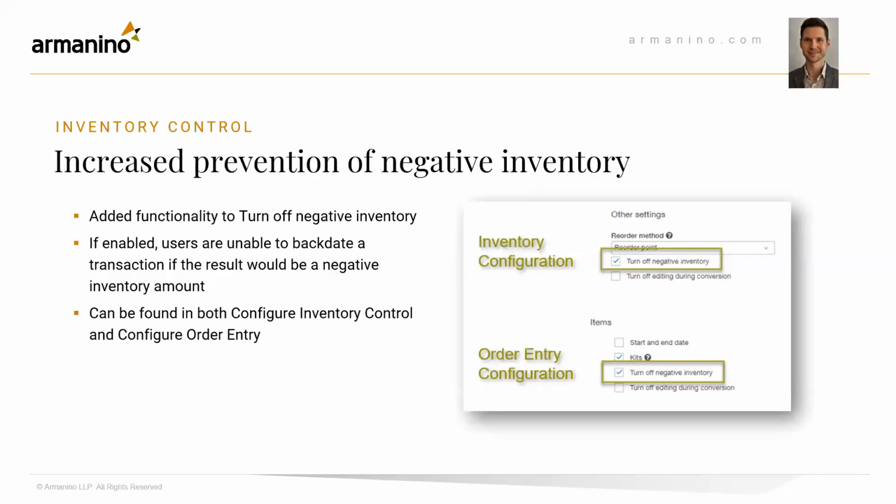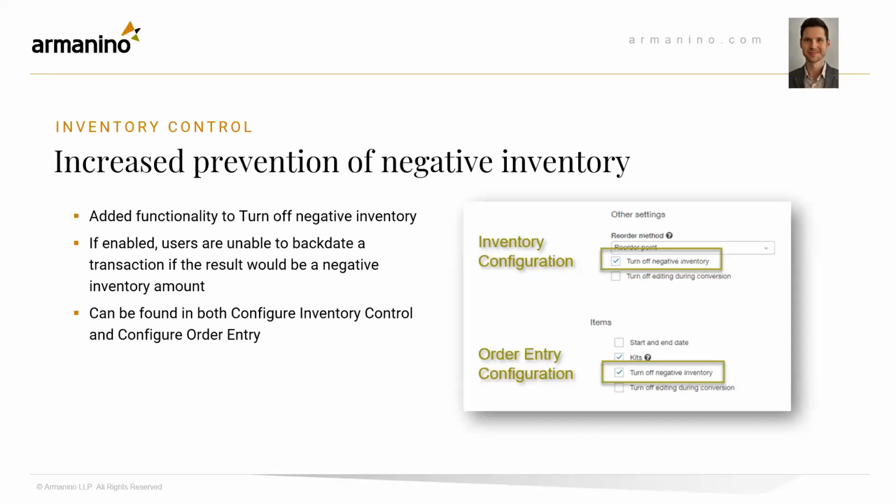another neat enhancement to the inventory control is the ability to prevent negative inventory. So this is added functionality to turn off negative inventory. If it's enabled, users are unable to backdate a transaction if this would result in a negative inventory amount. This option can be found in both the configure inventory control and configure order entry.